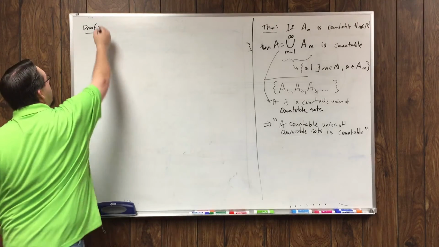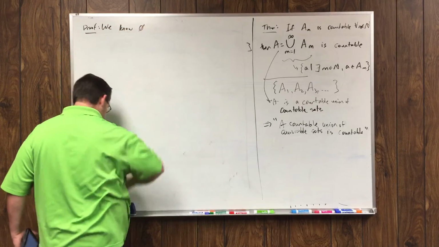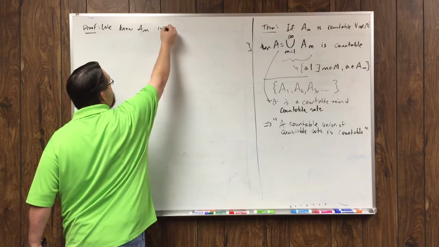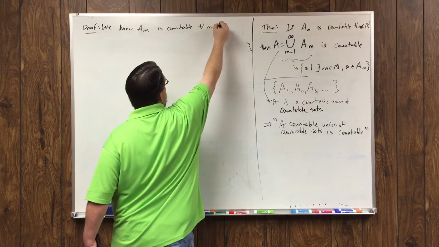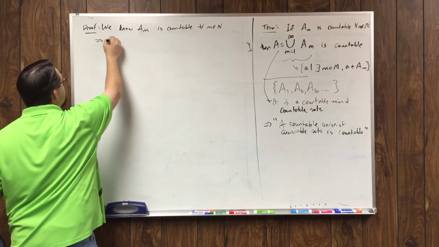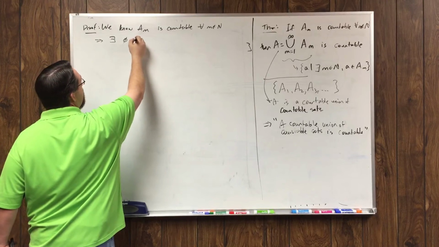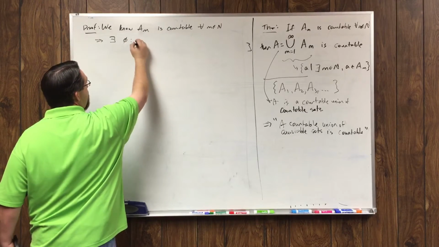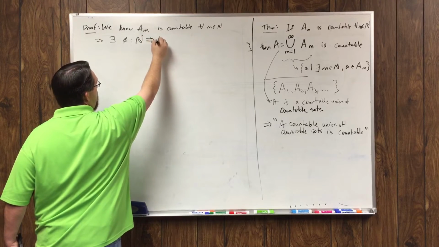Now we know A sub m is countable for every m out of the natural numbers, which implies that there exists a phi that is a surjection from the natural numbers onto A sub m.